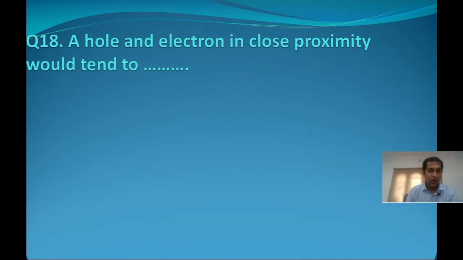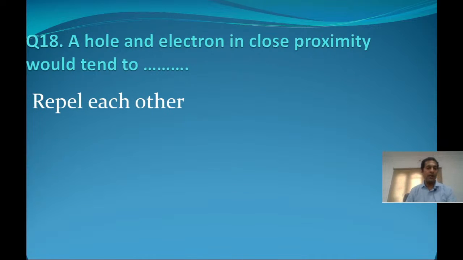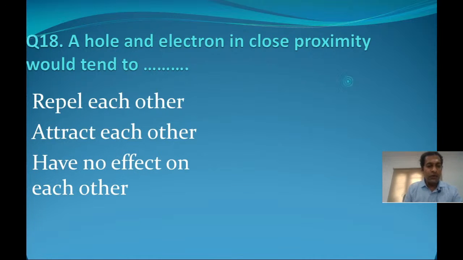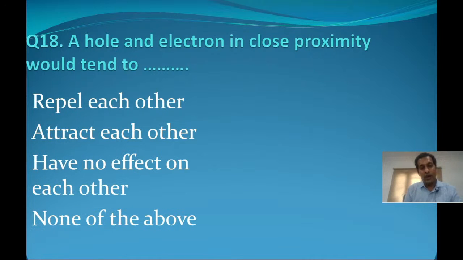Next question: a hole and electron in close proximity would tend to... If electrons and holes are close, what will happen? They repel each other, attract each other, have no effect on each other, or none of the above. The hint is opposites attract. Nature's law is that opposites always attract, and the same polarities repel each other.